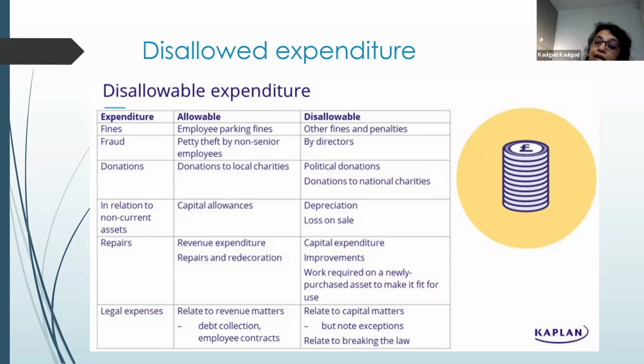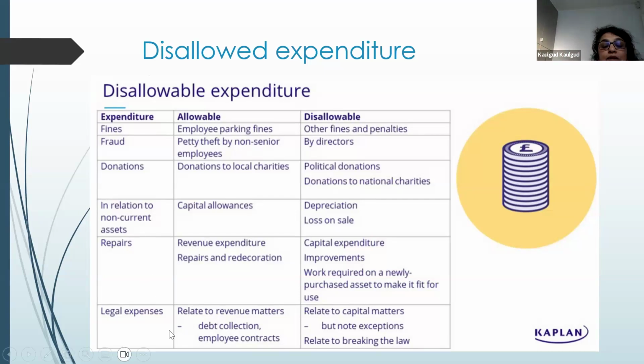We all know that, and hence that is disallowed. Improvements made to the asset are also disallowed. Work required on a newly purchased asset to make it fit for use is similar to capital expenditure. So if you buy an asset, disallowed. If you improve an asset, disallowed. If you spend something on a purchased asset to make it fit for use, that is also disallowed, because they are all classed as capital expenses.